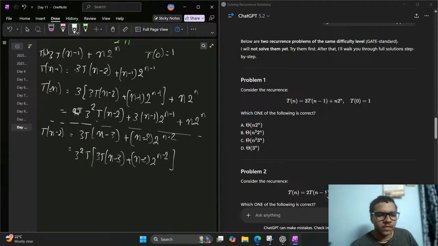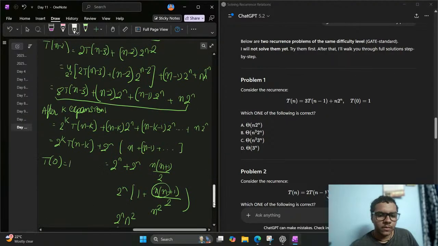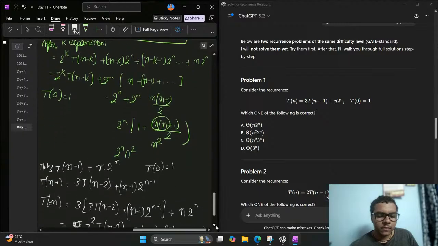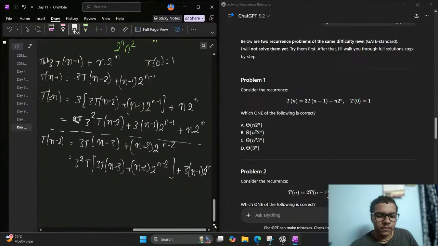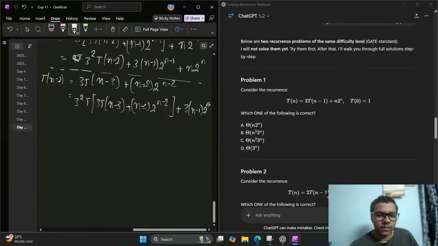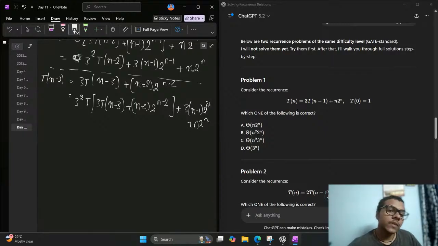Yeah, you just substituted this here, plus 3(n-1)·2^(n-1) plus n·2^n. So for n equals k, it will be 3 power k T.